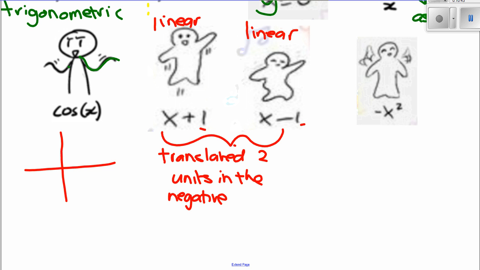X plus negative 1 would be parallel but like that, except I didn't draw it very well to scale. It translated 2 units in the negative y direction, so it's a vertical translation. A fancy way to say it is that this has translated 2 units in the negative y direction.